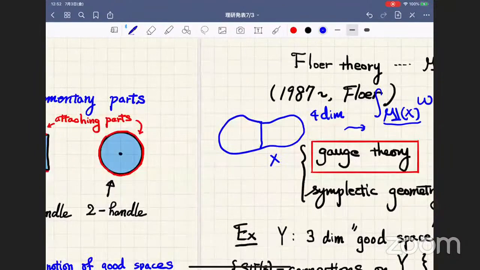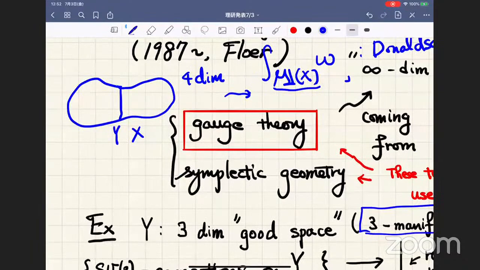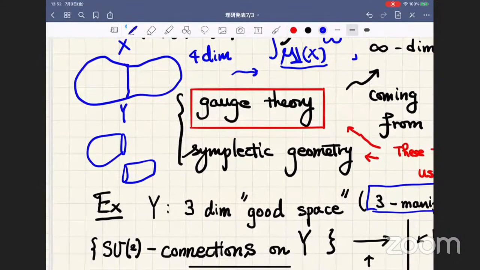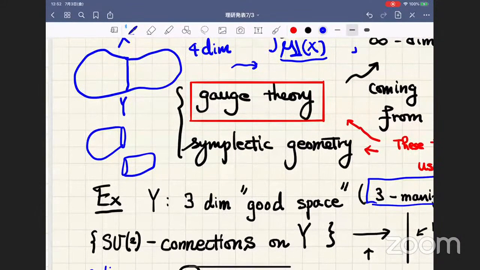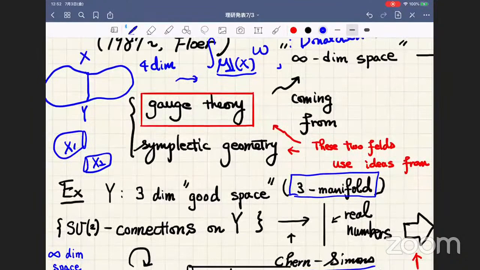And if we cut this X along some 3-manifold Y, then we have the two pieces of X, X1 and X2. The generalization of the Donaldson invariant for a manifold with boundary lies in the Floer homology, so it can be treated by Floer theory.